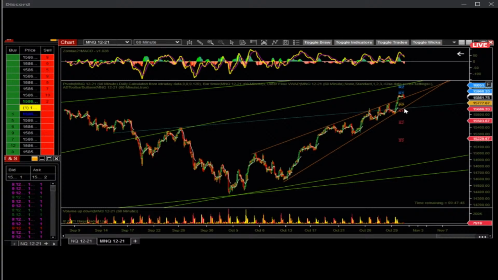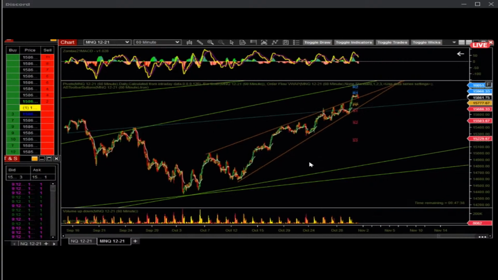Okay, that would be a good support on the hourly. I like that. For what we have right now, I don't see, hold on, let me see this one here.